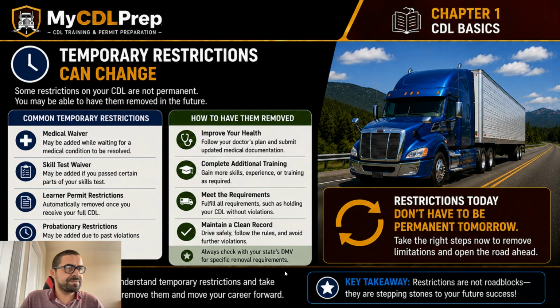Learner permit restrictions are automatically removed once you receive your full CDL. Probation restrictions may be added due to past violations or new driver status. How to have them removed: improve your health, complete additional training, meet the requirements, and maintain a clean record. Always check with your state's DMV for specific removal requirements.